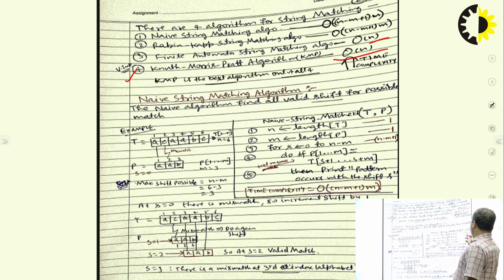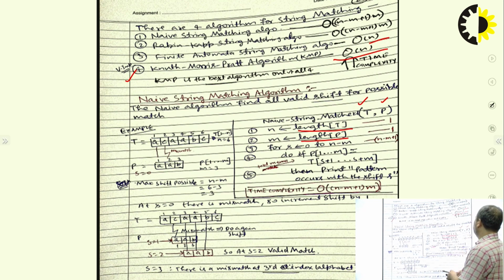Okay, so in the naive string matcher, we have passed the text, T is the text array, and P is the pattern array. I mean we have just passed T and P, meaning the first character address. In the variable n, we have stored the length of the text. In variable m, we have stored the length of the pattern P. So we start with s equal to 0 to n minus m.